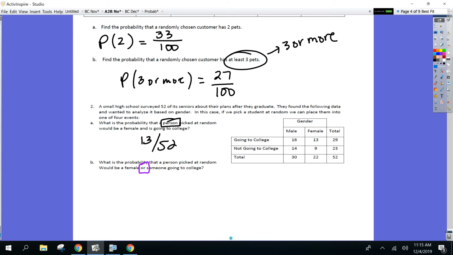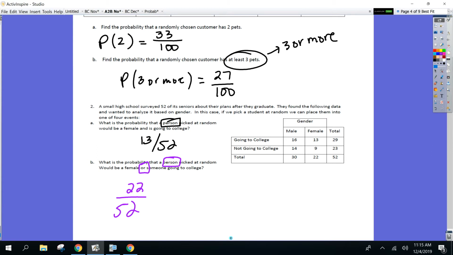It's female or going to college. So let's start with the females. How many females are in this chart? 22. And that's where Art got it, right here. 22 out of 52. Yeah, you're right. Never mind.